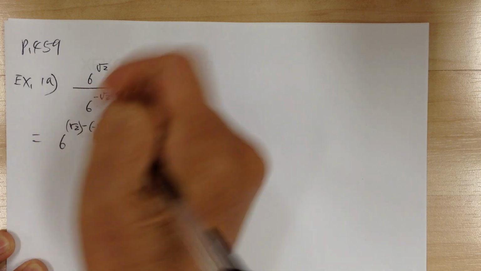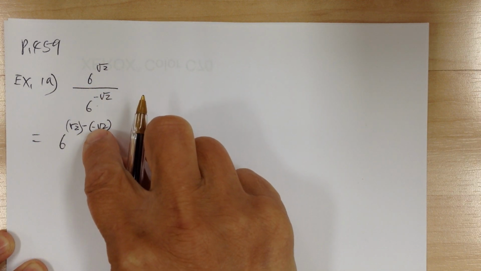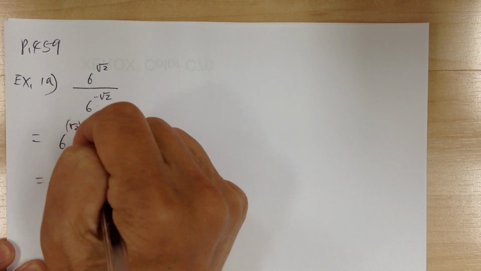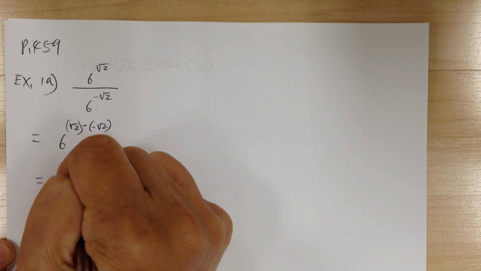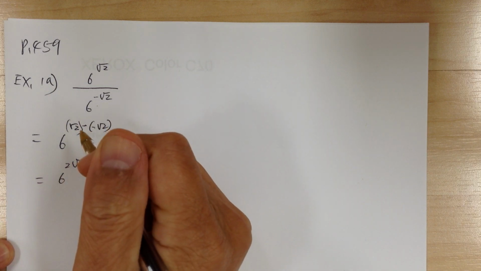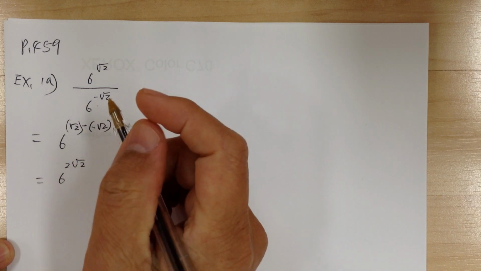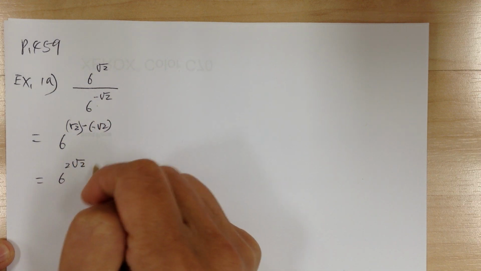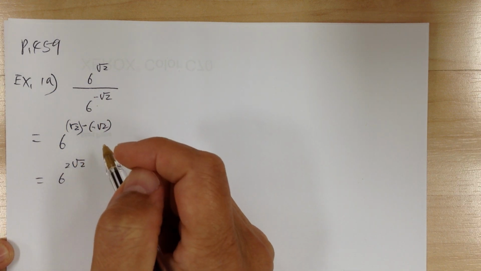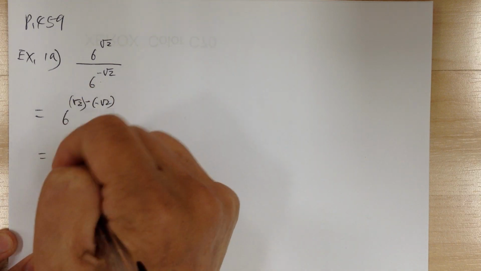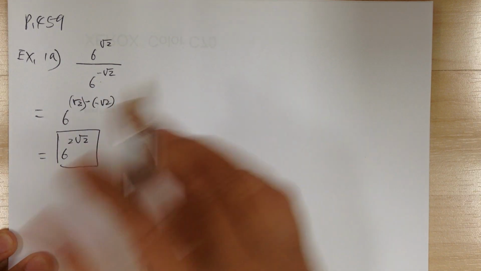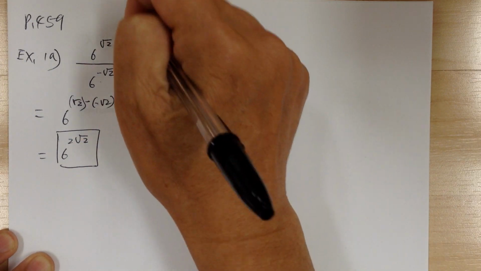You have to watch out for the sign: minus minus becomes plus, so this becomes 6 to the 2 square root of 2. You can just leave it like that.